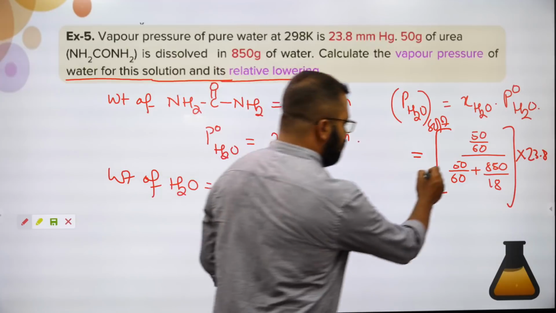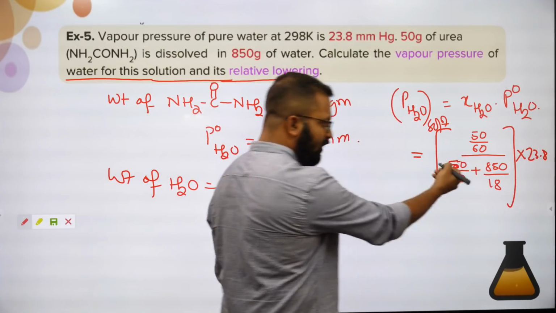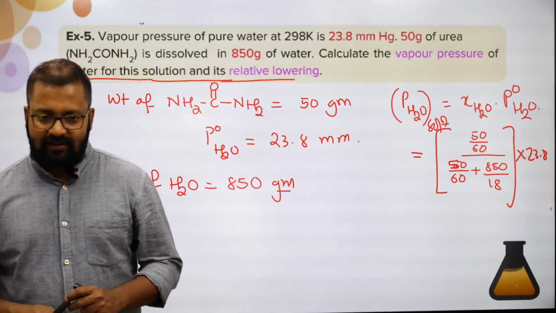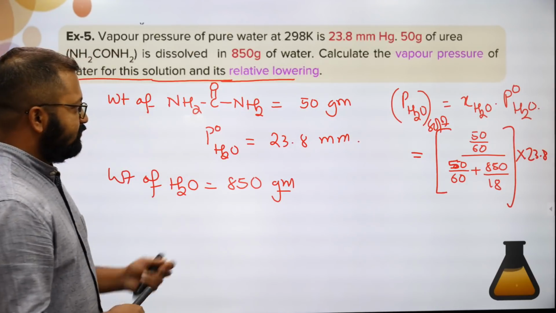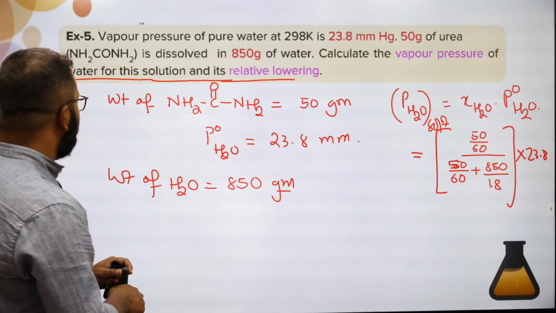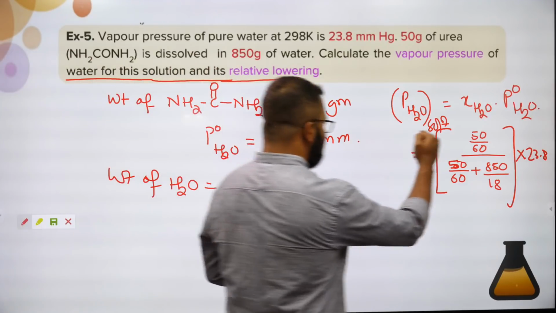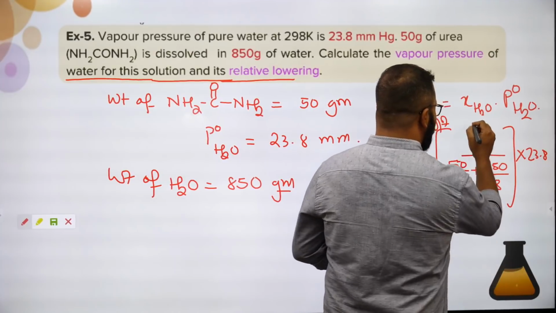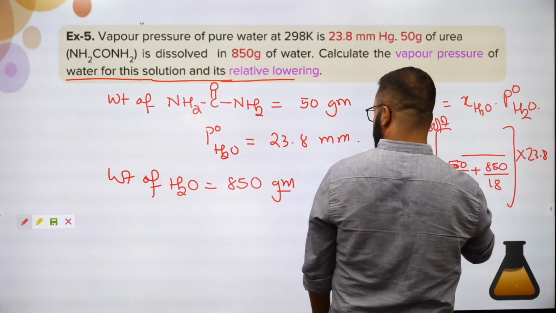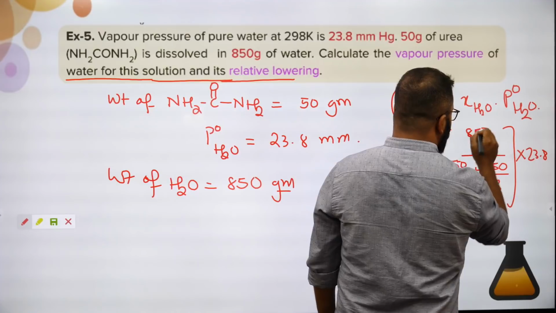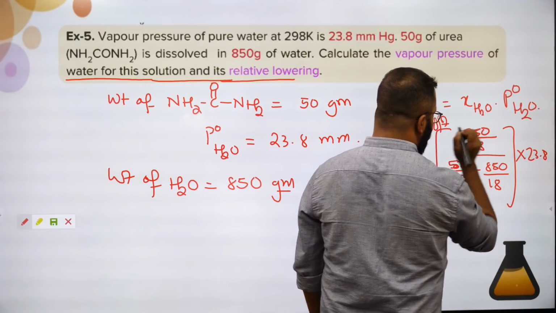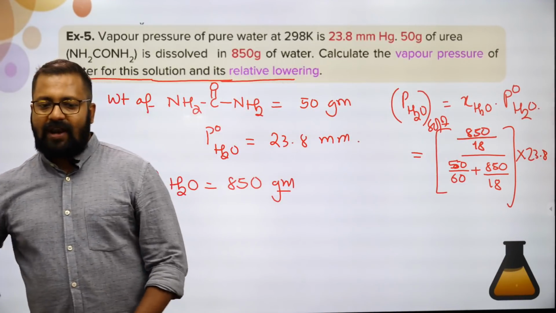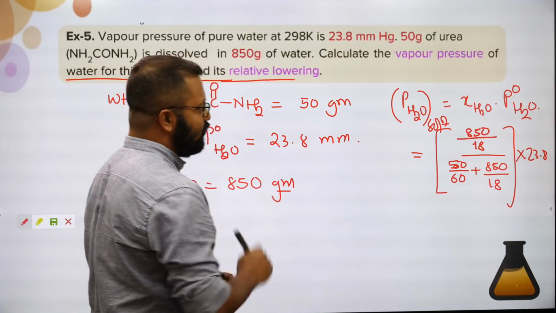It is 50 upon 60, 50 upon 60 plus 850 upon 18. अरे sorry. I'm sorry, this will be 850 upon 18. Mole fraction of solute निकालना है, mole fraction of solvent निकालना है.